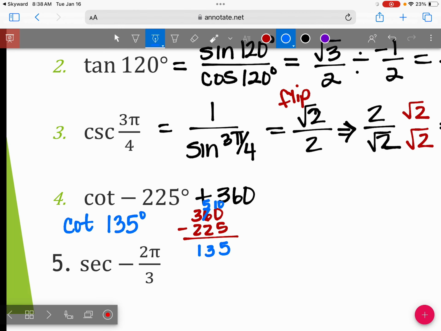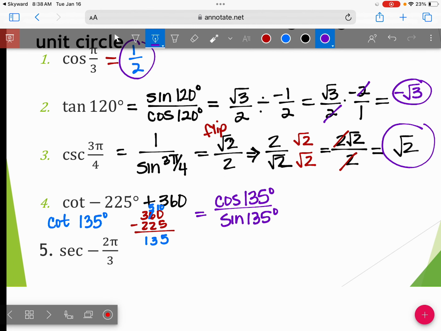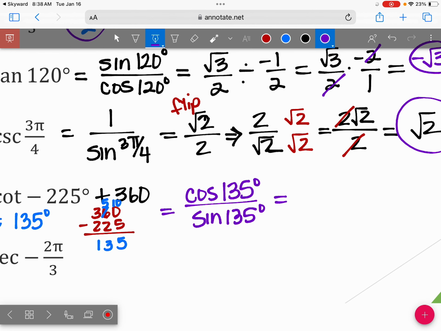So we need to take the cosine of 135 and divide that by the sine of 135. Find 135 on your unit circle, and we get that cosine is negative root 2 over 2, and we're dividing that by a positive root 2 over 2.